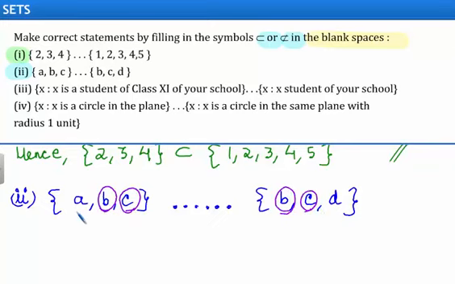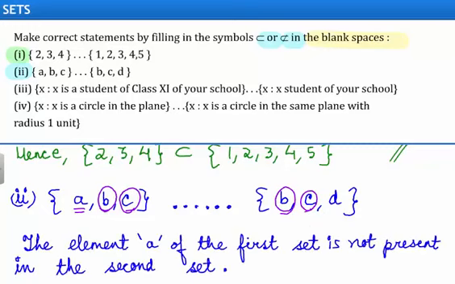But the element A, which is present in the first set, is not present in the second set. So there is one element present in the first set which is not present in the second set. Hence we can say that the first set which is given to us is not a subset of the second set. So we fill this blank by this symbol. So this completes the second part.